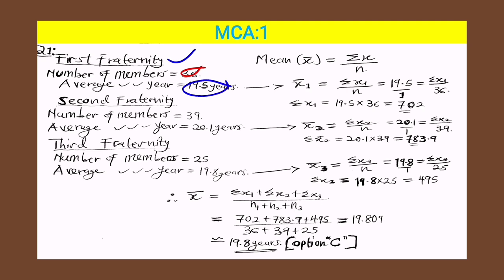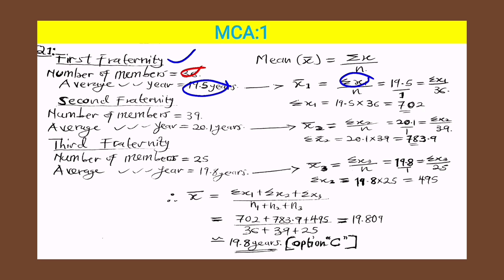All that you need to do here is to multiply the average age per member by the total number of members within that group. That's what I did for the first one. I represent the total age of the first fraternity group as summation x subscript 1, and then I do a cross multiplication, saying that to find the mean is summation x over n.